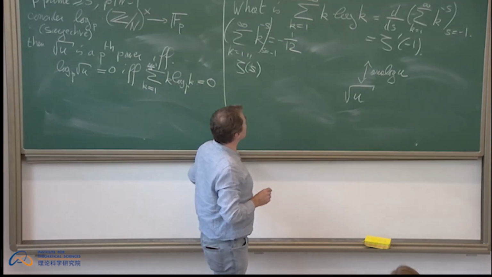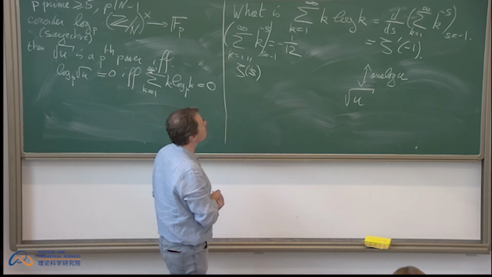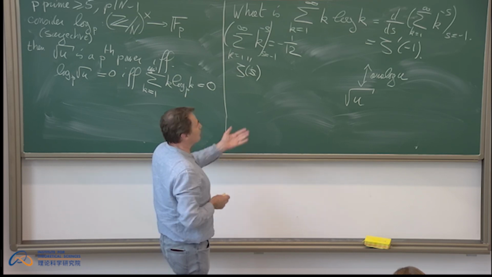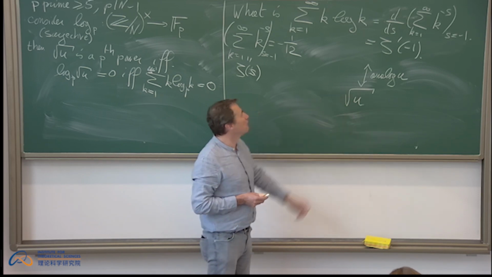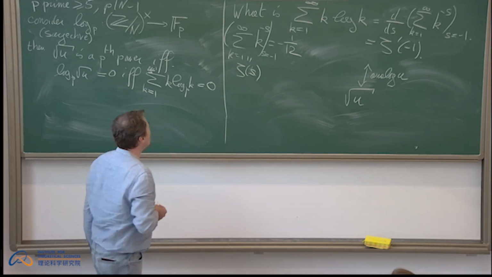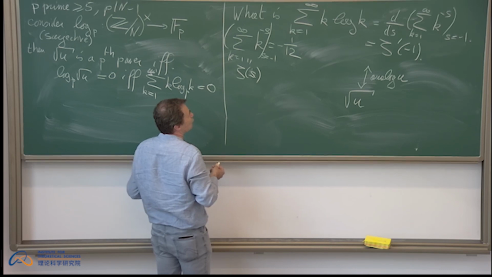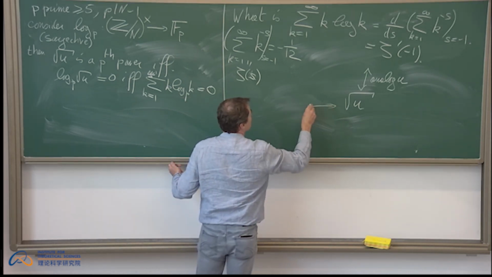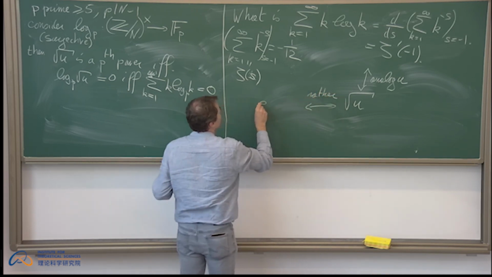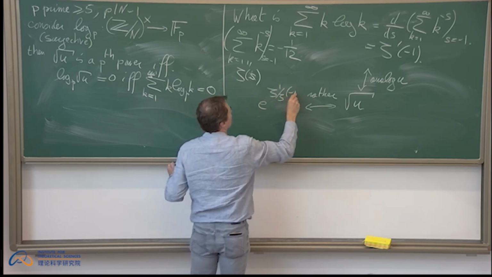Actually, if I want to be a little bit more precise, the fact that square root of u is a 12th power has to do with the denominator 12 here. And in fact, the thing to realize is that the analogy is rather with exponential of zeta prime over zeta of minus 1.